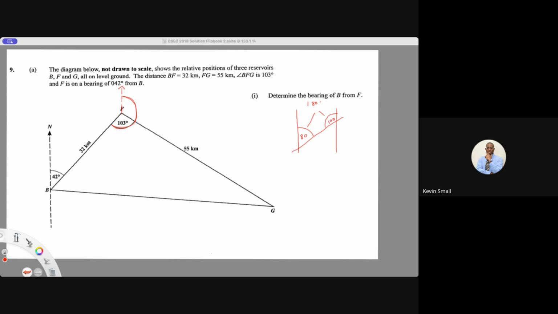All right, 138 is the starting point, but that's not the bearing. So those that got 138 and 119, those are starting points to work out the bearing. But that is not the bearing. The bearing is the full circle in red going around from here to here. So you've got to figure out the proper bearing. The bearing is always the clockwise rotation. So 138 and 119 are starting points.